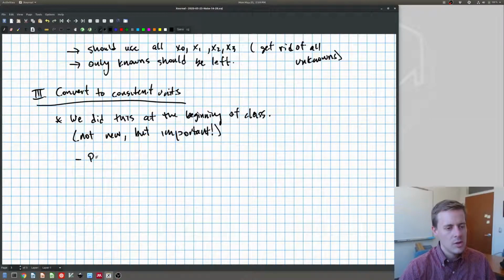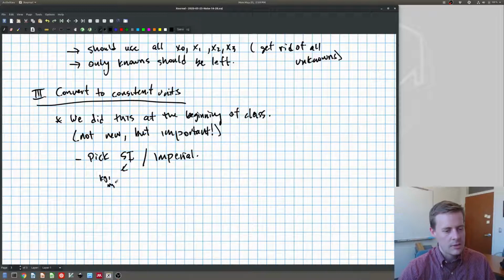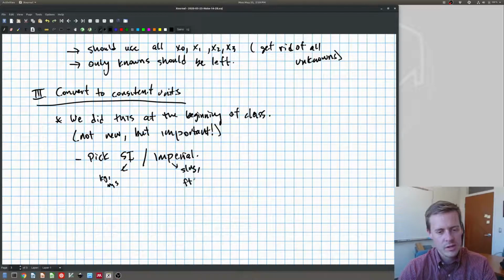You pick either SI or imperial units, either one. In SI, recall you're doing kilograms, meters, and seconds. And in imperial units, you're picking feet. I should put the mass: you should pick slugs, feet, and seconds.